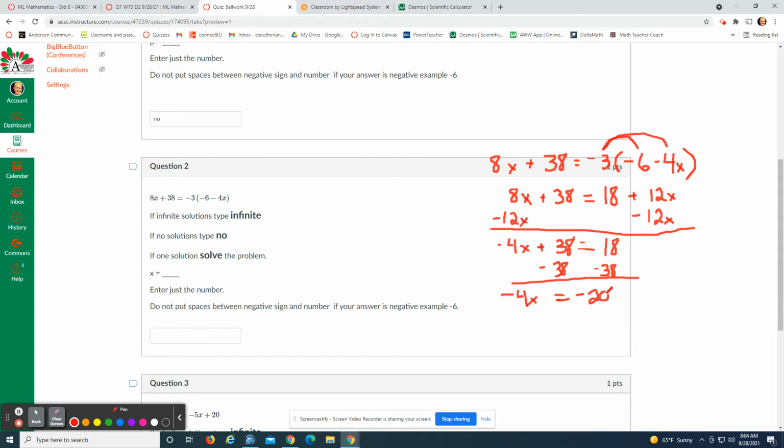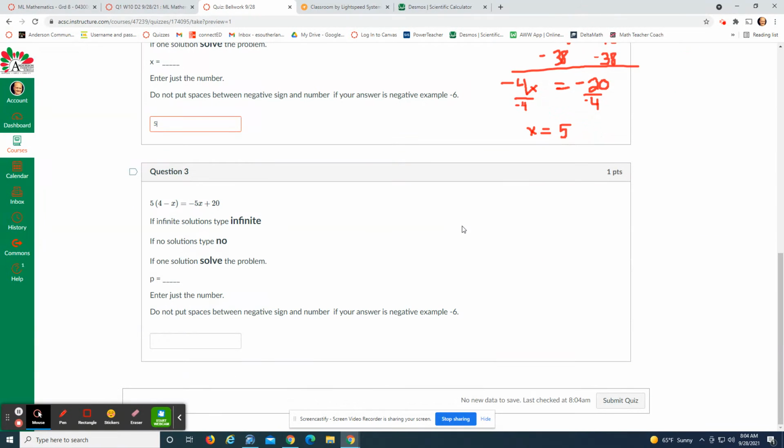And my last and final step, divide by negative 4. A negative divided by a negative is positive. 20 divided by 4 is 5. So in this box here, I'll type the number 5.